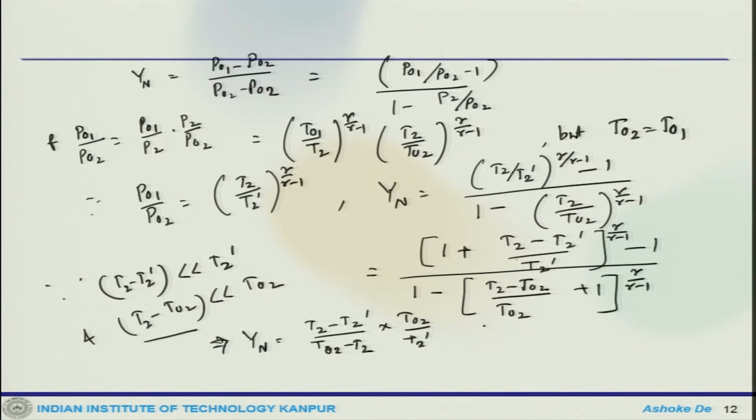So, this is equal to lambda n T 2 by T naught 2 by T 2 prime, which is lambda n T naught 2 by T 2.